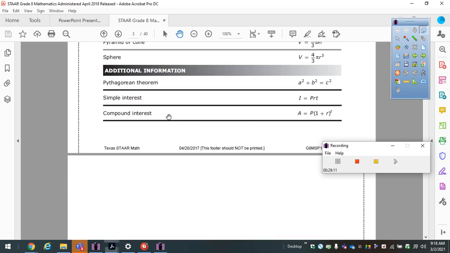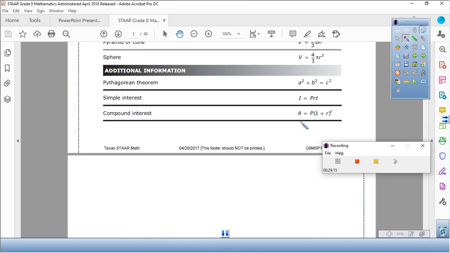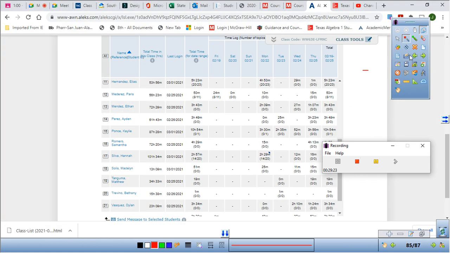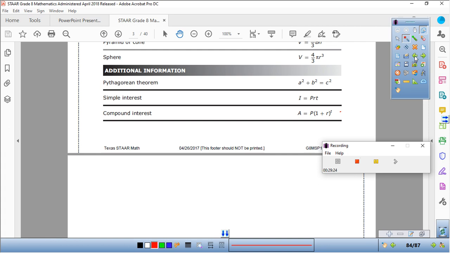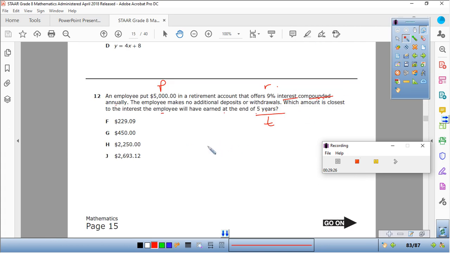And the compound interest formula is right here. A equals P(1 plus r)^t. So that's going to be P(1 plus r) to the t.